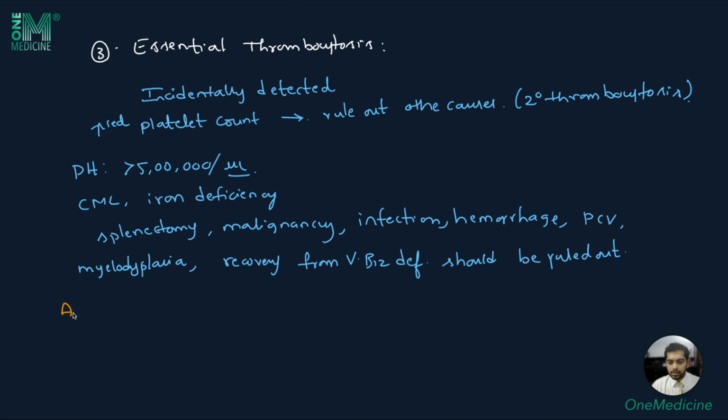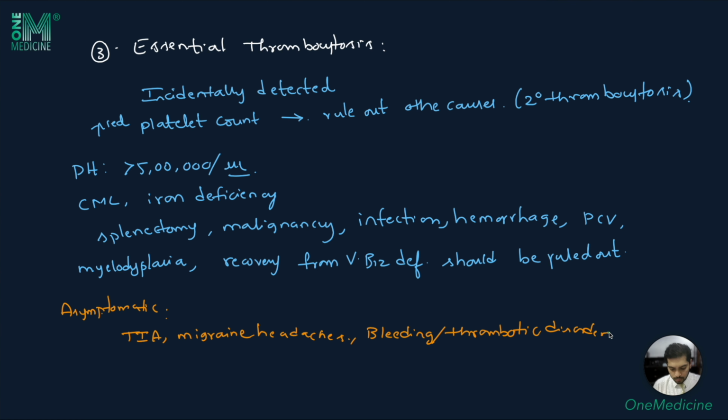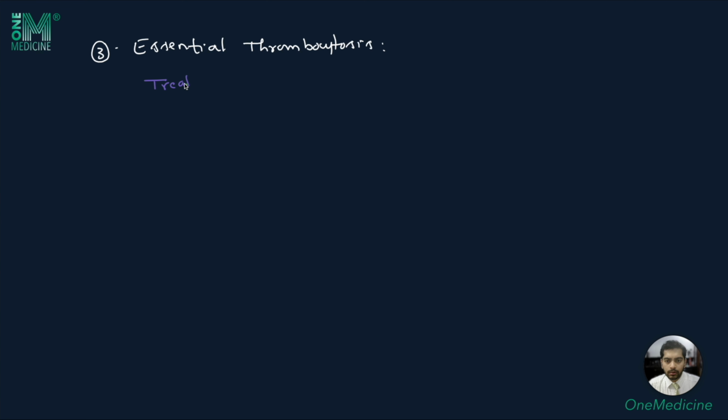In general, these patients are asymptomatic, but they should be treated if they develop transient ischemic attack or migraine headaches, bleeding, or thrombotic disorders. Treatment: interferon alpha, anagrelide, or hydroxyurea.